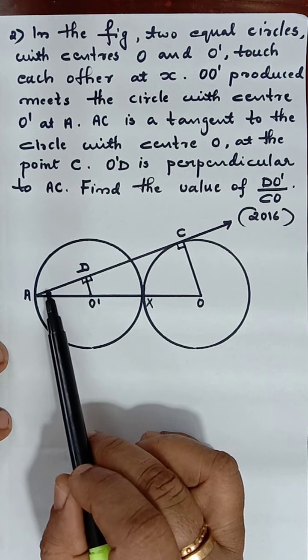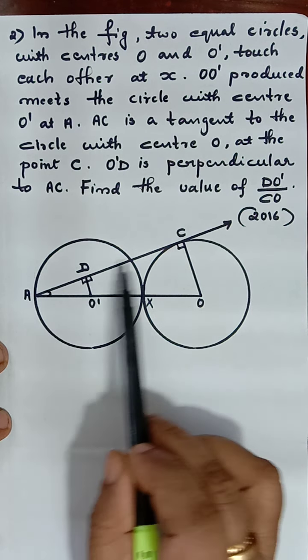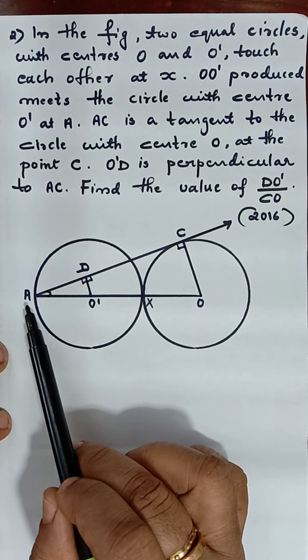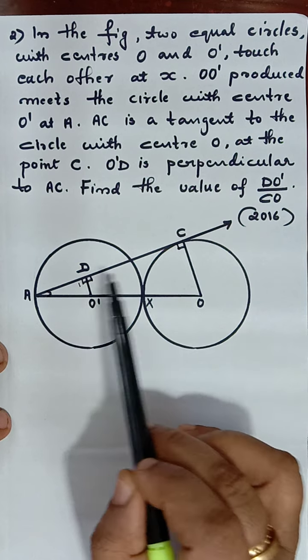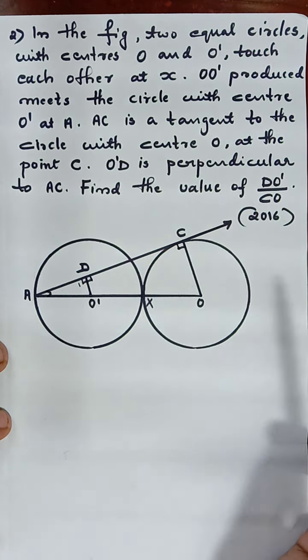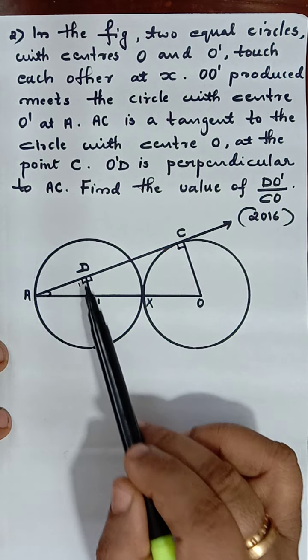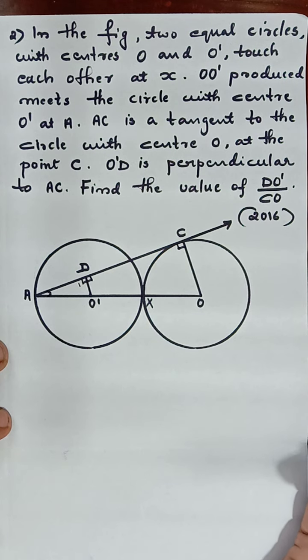And angle ADO dash equals angle ACO, both are equal to 90. Therefore, triangle ADO dash is similar to triangle ACO by AA similarity.